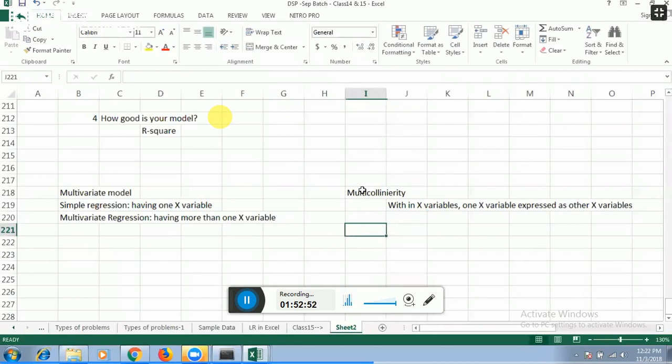Suppose I was referring to x1, x2, x3, x4, suppose you have four variables. Suppose I am able to identify the relationship between x1 and the other x2, x3, x4 variables.